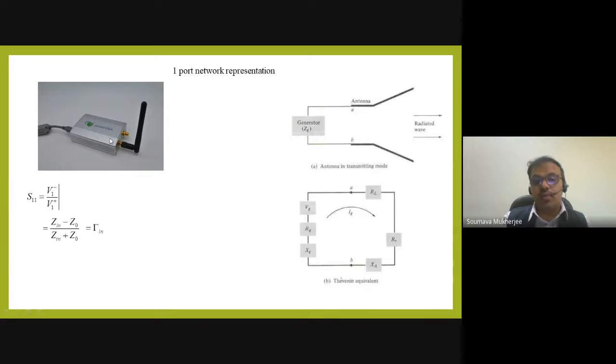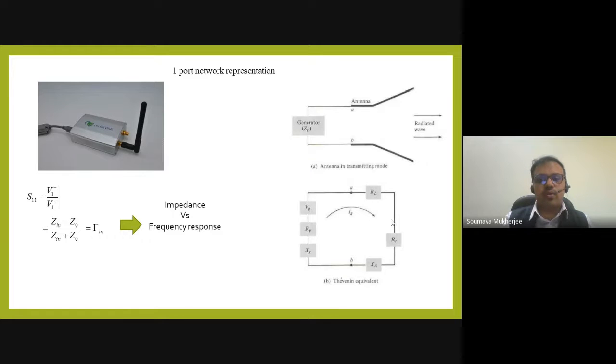So with the help of the VNA, if we can calculate S11, we can calculate Zin, which is RL plus RR plus jXA. So we get the equivalent resistance and reactance of the antenna. Once you get that, you can utilize the antenna as just a circuit parameter. That's the target.